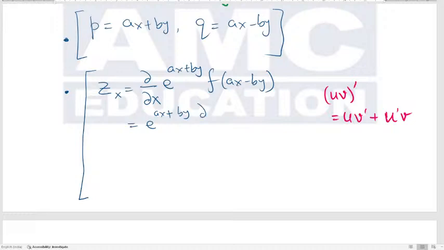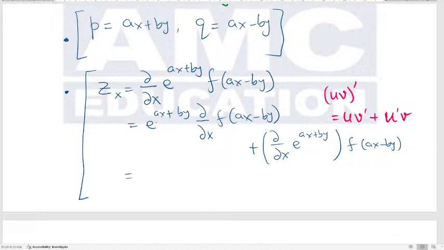So similarly, we can do it this way, and that way here. So dou by dou x of f of ax minus by plus dou by dou x of e power ax plus by, the chain rule.